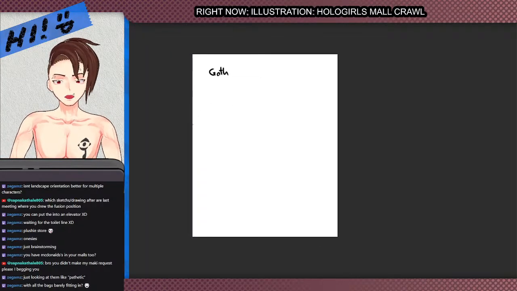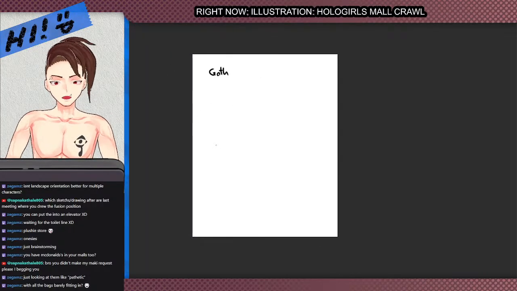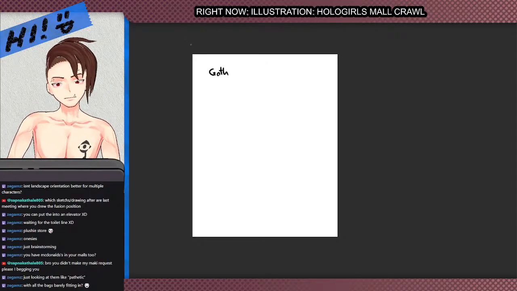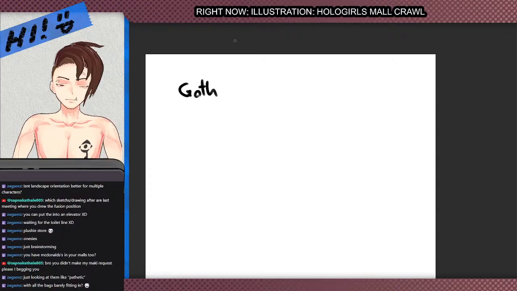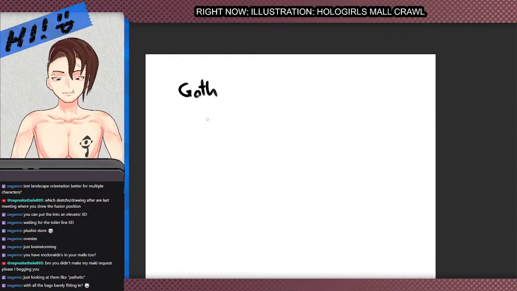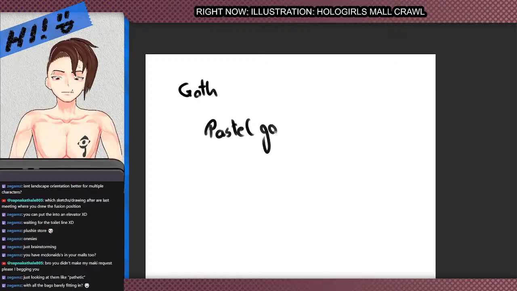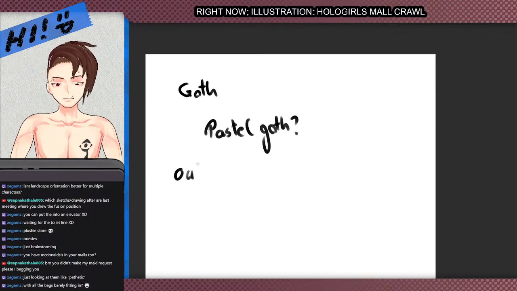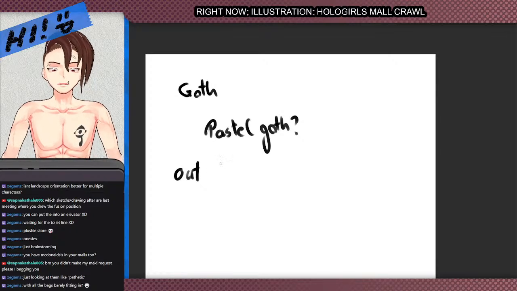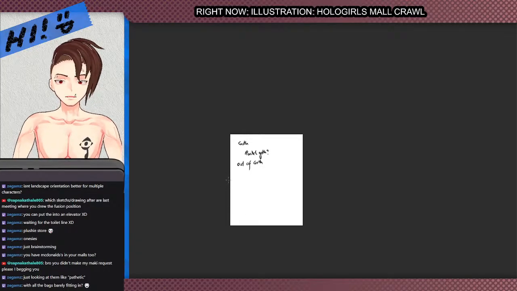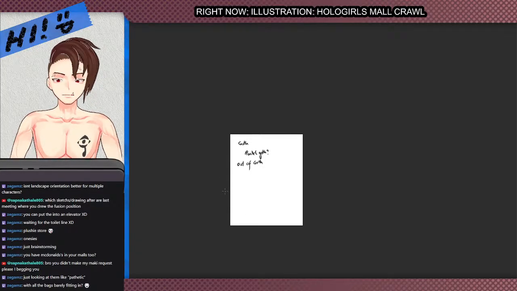Because there are a lot of characters in here that would wear mostly black, but also pastel goth, out of goth. For example, ERB would already be that kind of character.